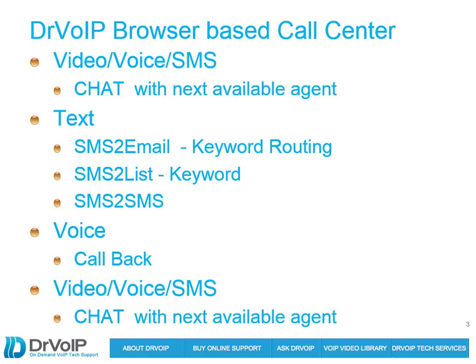For example, we have SMS to email. This enables you to publish a phone number that folks can send a text to, and based on keyword, that text will be routed to an email address, and the recipient of the email can then hit the reply key. We convert it back to text and send it back to the caller.